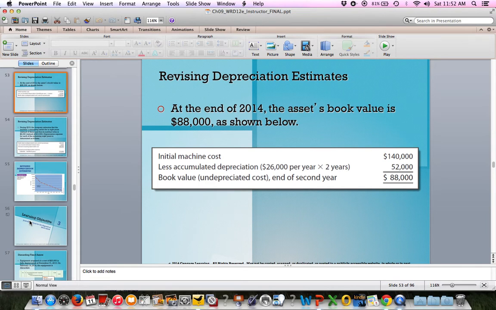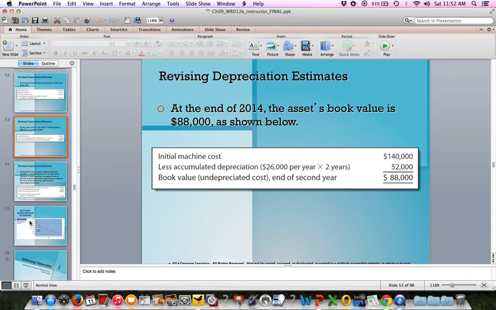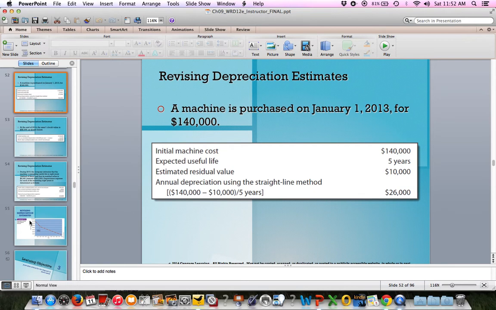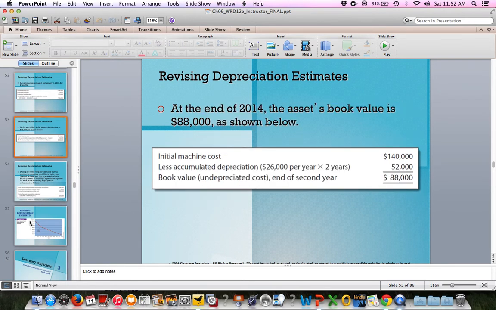At the end of 2014, 2 years' worth of depreciation has been recorded, all of 2013 and all of 2014, because we purchased this on January 1 of 2013. So at the end of 2014, book value is 88,000. Keep in mind what book value means: book value is simply cost minus depreciation taken. So the book value after 2 years is 88,000.